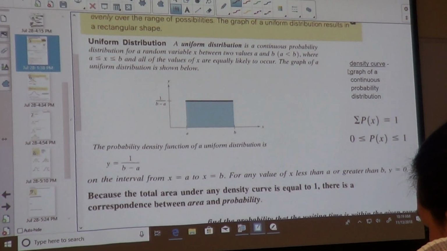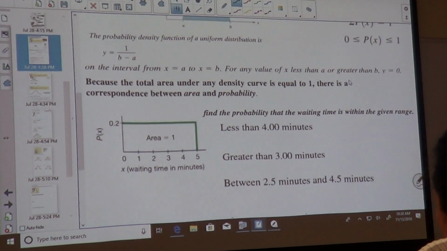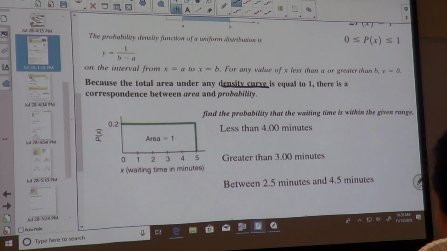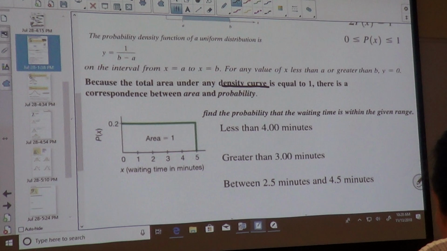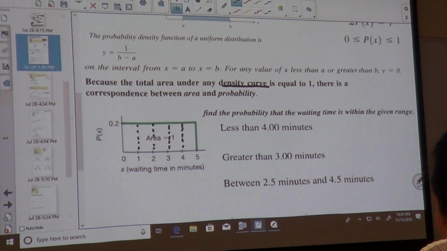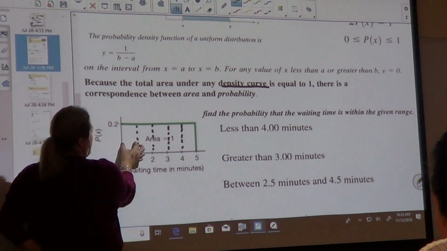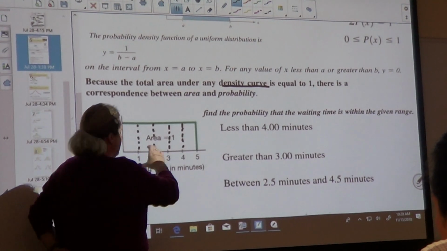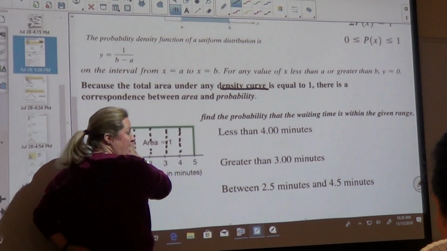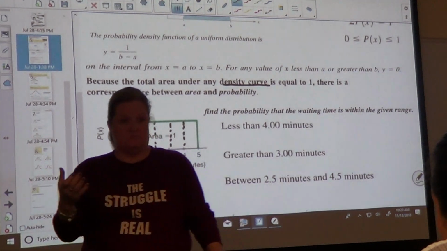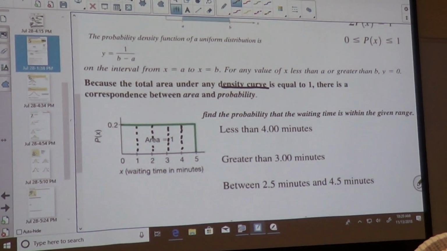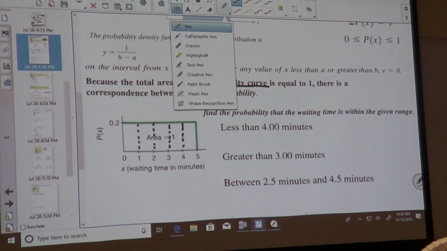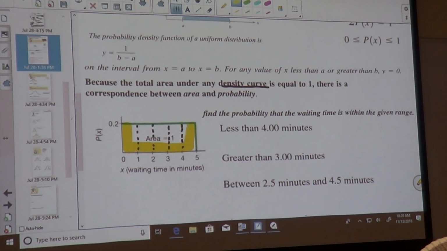So, they call it a density curve, which really it's not a curve. So if I draw right here, I have 1, 2, 3, 4, 5 bars. And the area under all 5 bars is 100%. Okay?